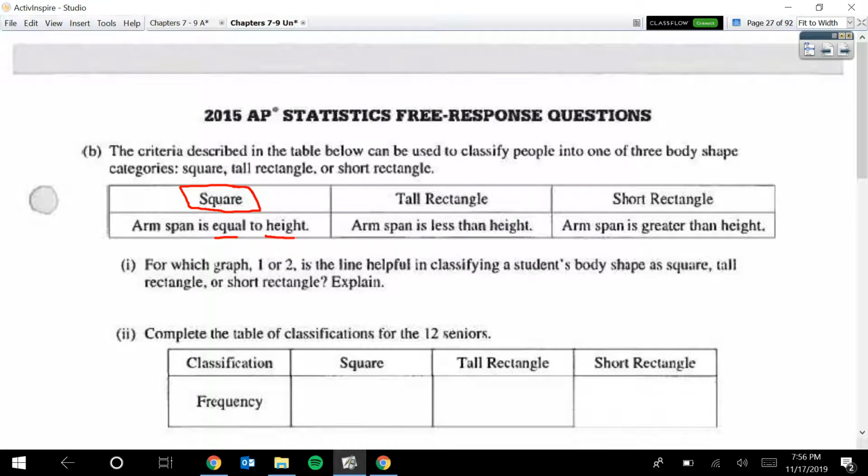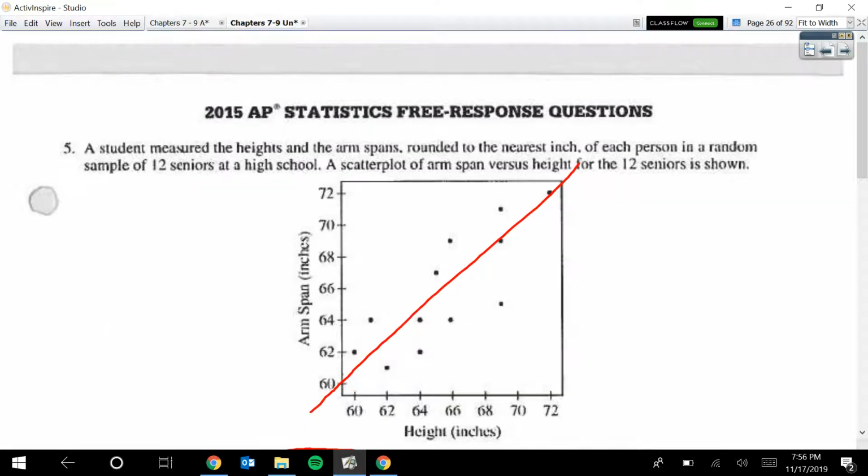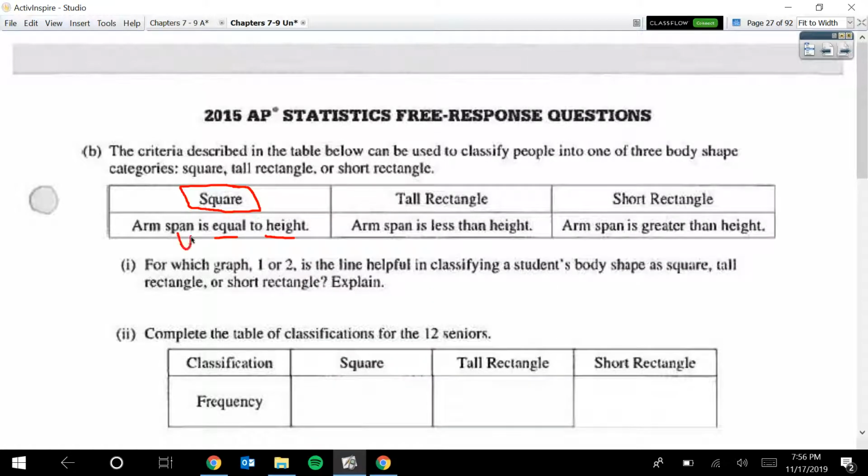So the height is X and the arm span is Y. In that case, they're saying Y equals X. They even wrote it out. Y is equal to the X. Tall ones means that the Y values are less than the X. And the short rectangle, the Y is greater than the height.